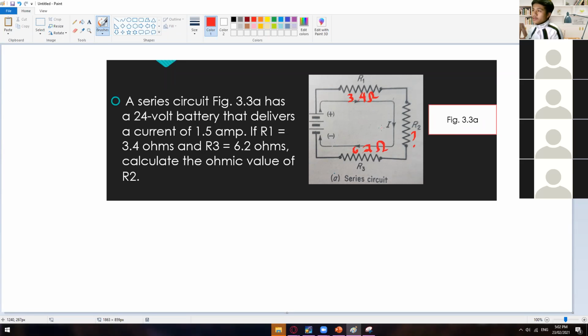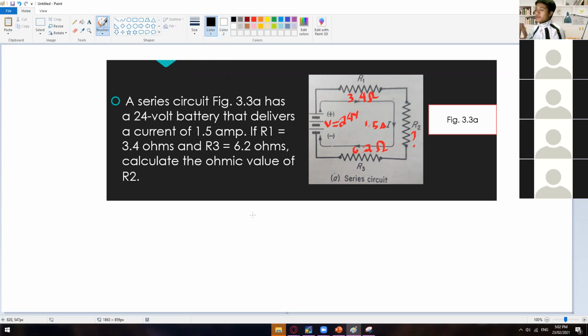And then we have a current that is flowing, 1.5 amps. So our I is equal to 1.5 amps. And then your voltage source is 24 volts. So V is equal to 24 volts.